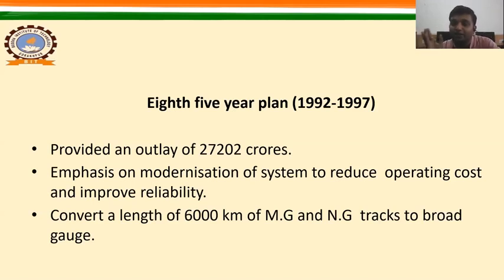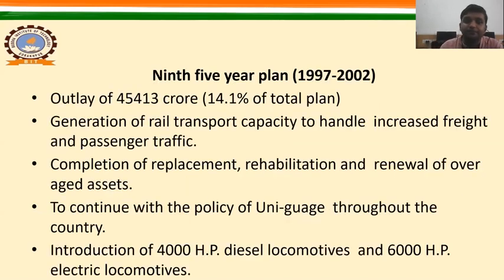A length of about 6,000 kilometers of broad gauge was converted during the eighth five-year plan, and the ninth five-year plan is actually the final five-year plan, ranging between 1997 to 2002.